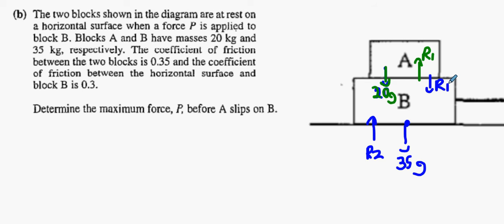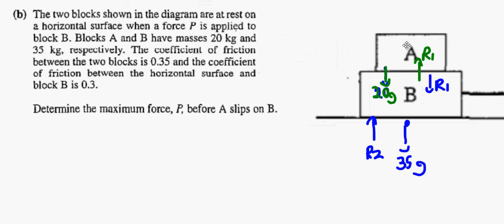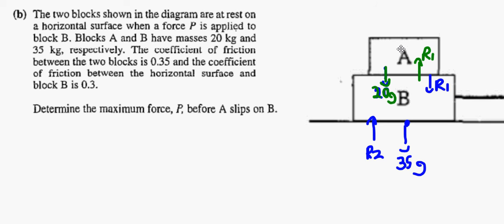Now, the deal here is that A and B travel together. If you imagine that they're both moving to the right together, which means that A is firmly stuck onto B. The only thing that will keep A in place is friction. So there's a friction force that is the only reason why A is sticking to B, and friction is the only reason it's going forward.